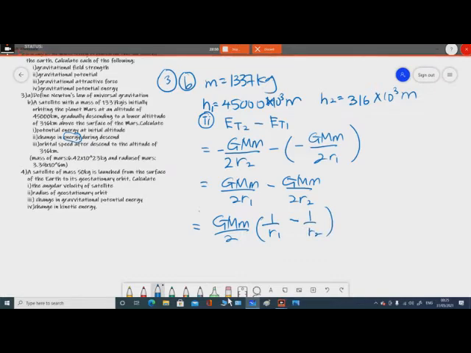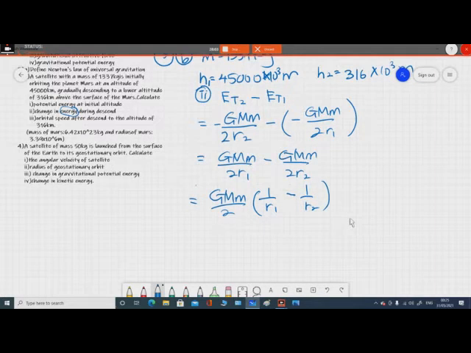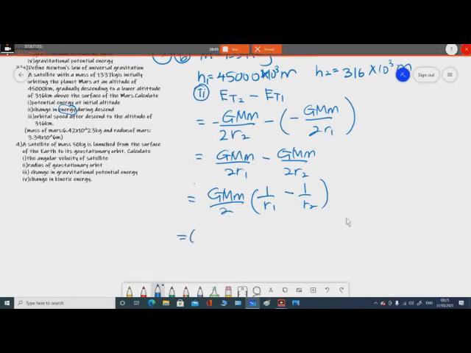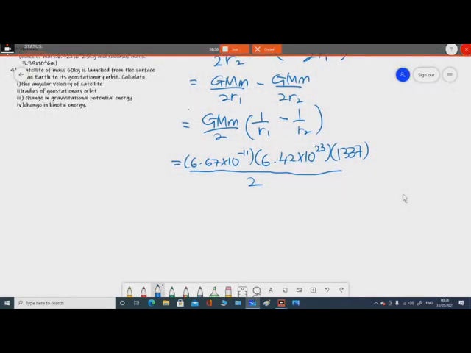Okay, so we just substitute the values into this formula, 6.67 times 10 to the power of negative 11. So the mass of Mars is given as, okay, let me recheck again in case there's a typing error, 10 to the power of 23. So the mass of the satellite is actually 1337 divided by 2. Okay, there's not enough space, so I write it here.